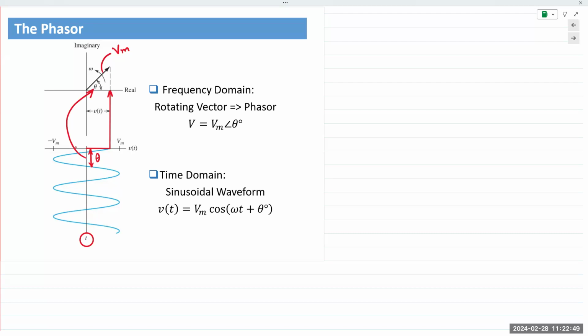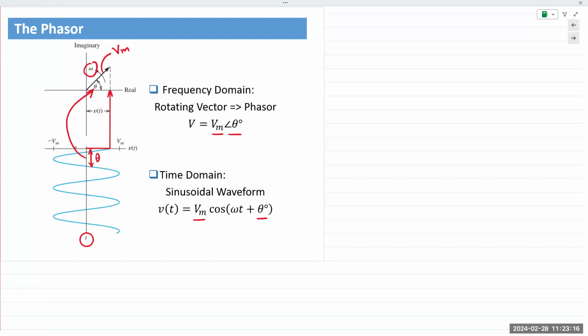That vector is rotating at a speed of omega radians per second, but that is not needed to describe the vector. The vector needs only two things: magnitude and phase angle. That's it. And those are directly obtained from the time domain expression right here.